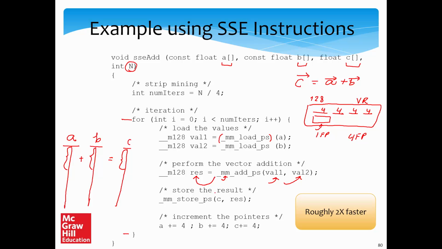Finally, we need to store the result in C, which is the first 16 bytes of C. So we take this vector register res and save it in C. The first 16 bytes are saved in C. _mm_store_ps is the function. So this is a normal vector store operation. It's not a scatter gather store operation per se. So this helps us store or write into the first 16 bytes of C.